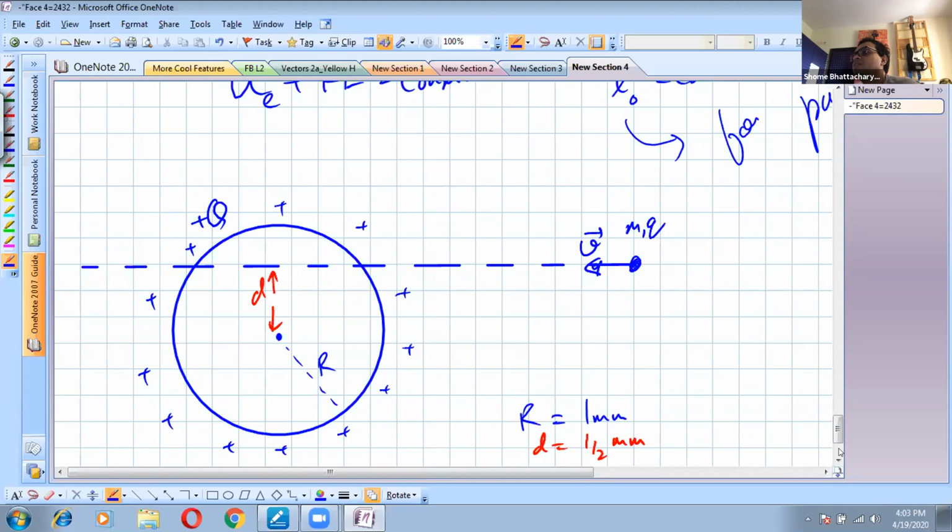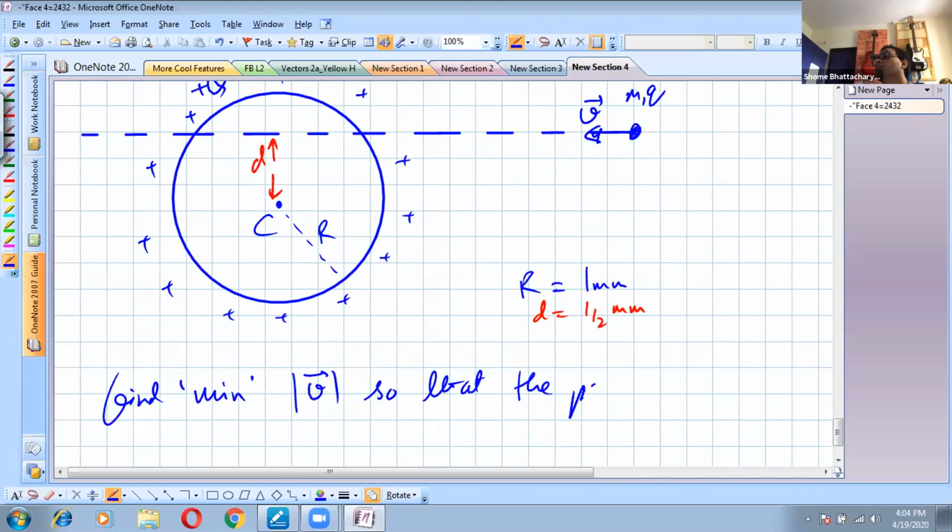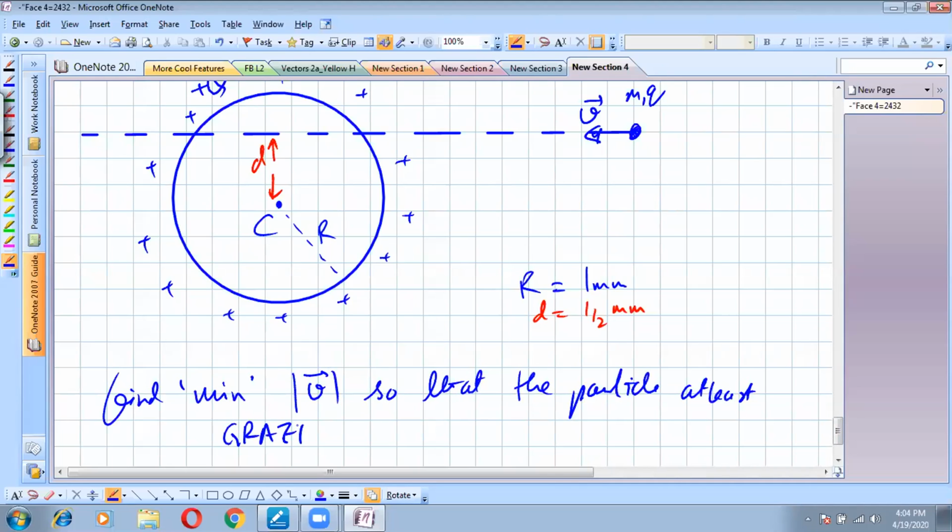Since nothing is given about the initial distance, you assume that the initial distance from the center to the particle is very large. Now we have to find the minimum value, the magnitude of that v, so that the particle at least grazes. Grazes means it touches the surface.